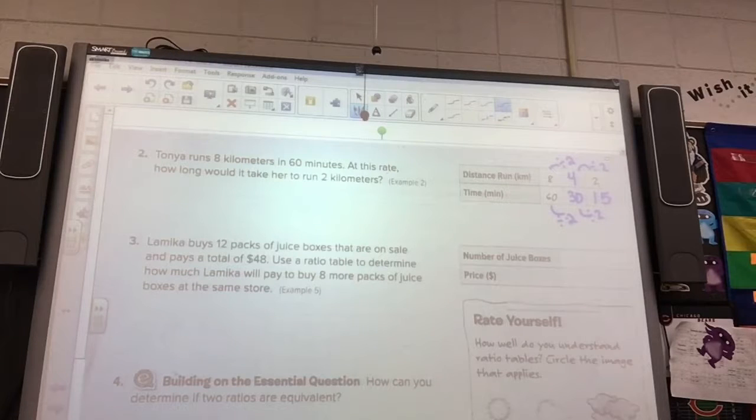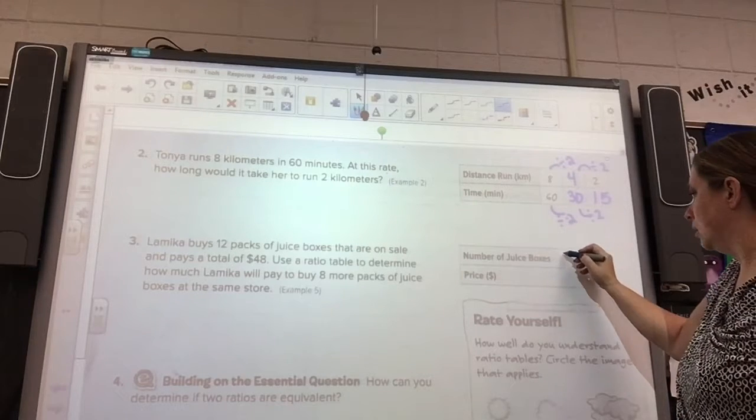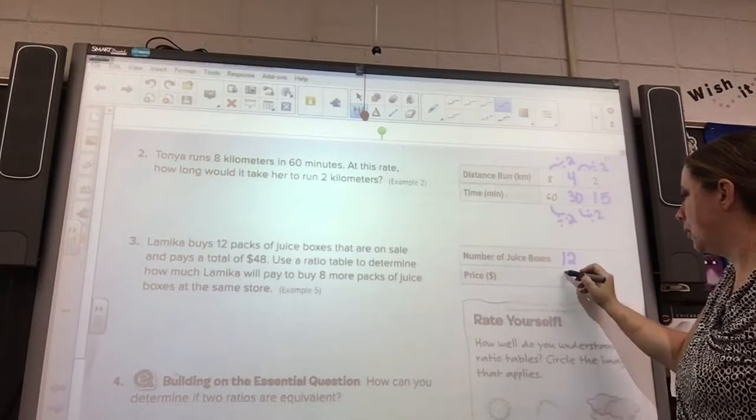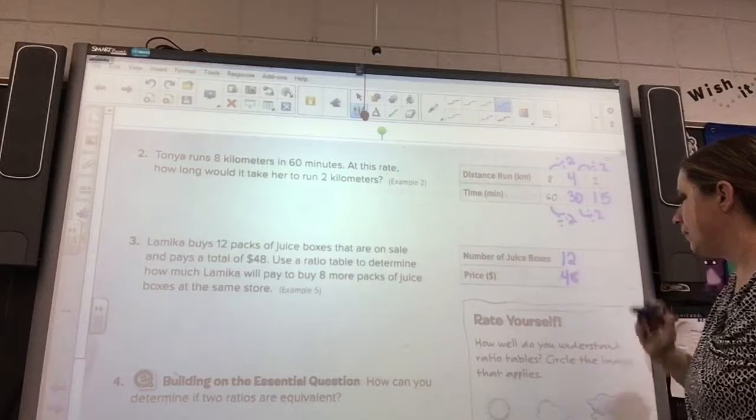All right, number 3 does not give us anything in our boxes. We have to figure this out. So, Lamika buys 12 packs of juice boxes that are on sale, and she pays a total of $48. So 12 packs, 12 costs her 48 bucks.